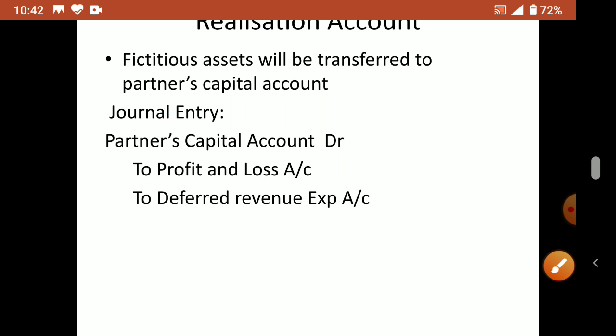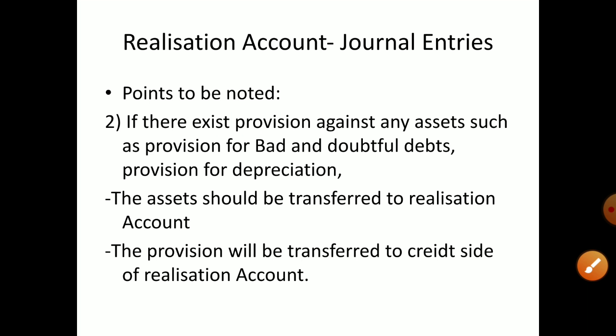Now other points: if there exists a provision against any asset, such as provision for bad and doubtful debts, provision for depreciation, the assets should be transferred to realization account. The provision will be transferred to credit side of realization account.